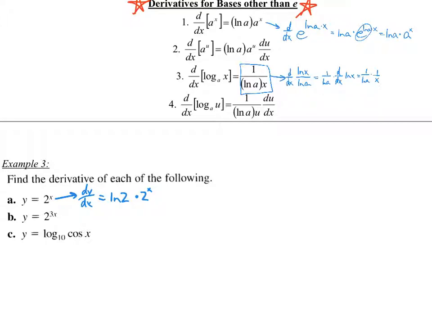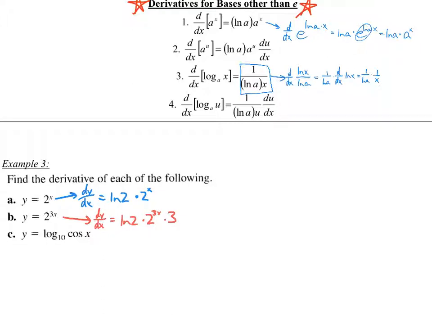Okay? If I have 2 to the 3x, dy dx is going to equal ln of 2 times 2 to the 3x times the derivative of 3x, so times 3.